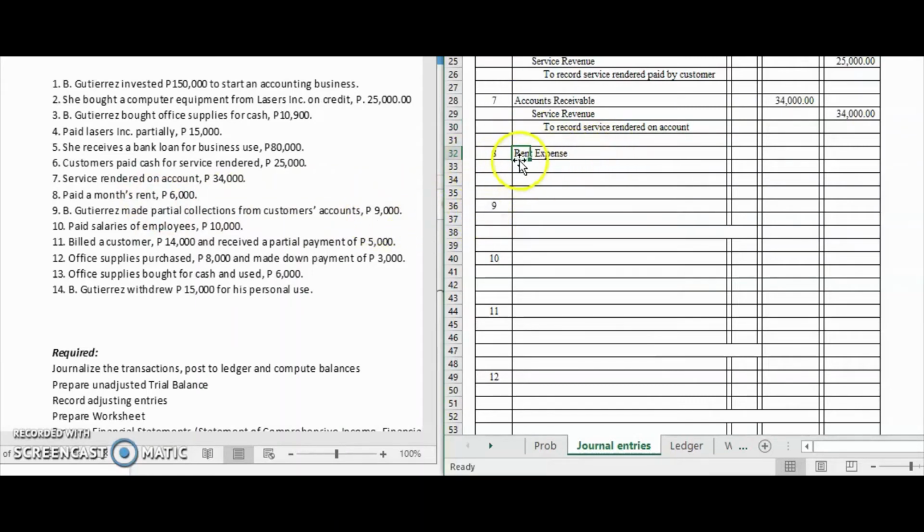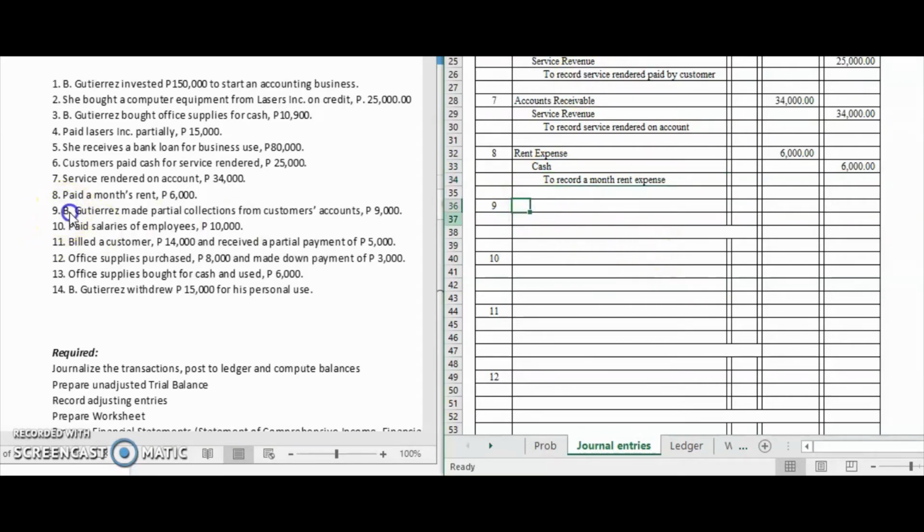Naka-debit si rent expense kasi there is an increase in your expense, and the normal balance of expenses is debit. In this transaction, it increases while your cash decreases. Ganyan siya. Okay, just put your description.